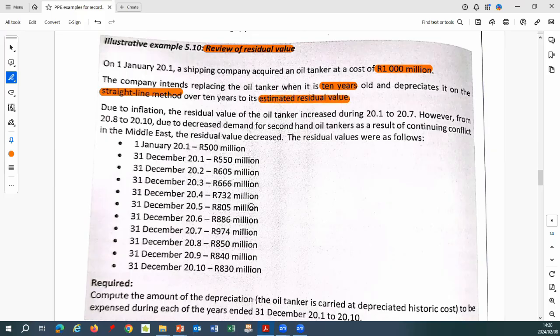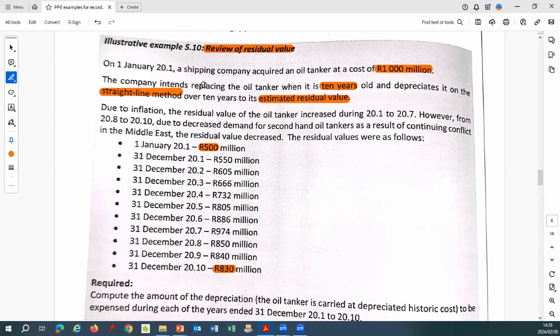And here's the information with regards to the residual value. So because of inflation, the residual value has changed from year to year. So we can see that it was 500 million, and then it's changed over the years. And then by the end of 2010, it was 830 million.